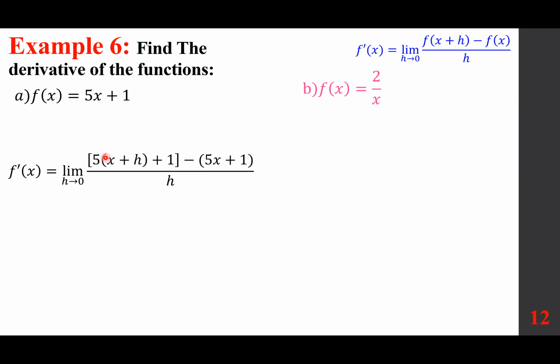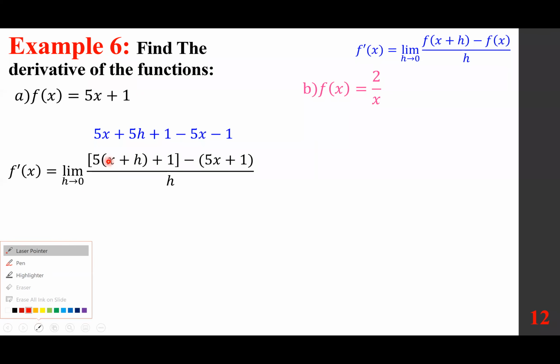Believe it or not, if you write the first step and you can simplify, you're practically done. I can't emphasize this enough. As long as you can write the first step, the rest should be a piece of cake. So all we have to do is distribute: 5x plus 5h plus 1 minus 5x minus 1. And 5x cancels out negative 5x, positive 1 cancels out negative 1.